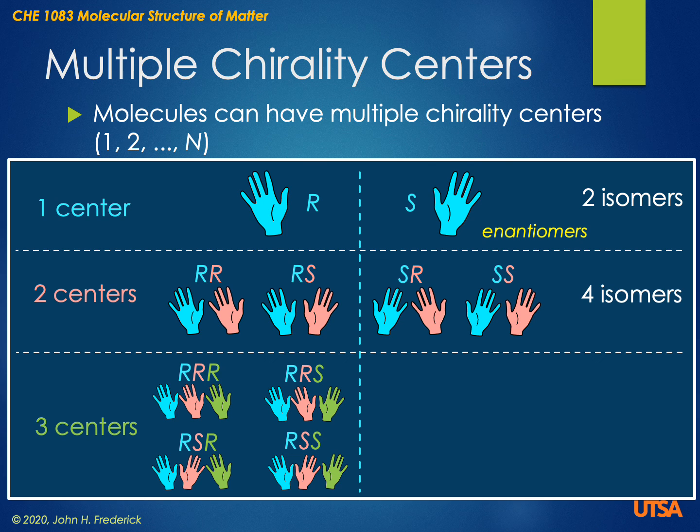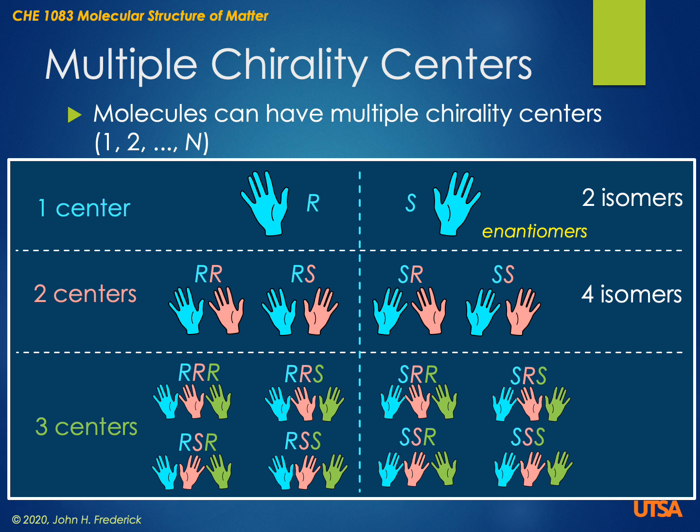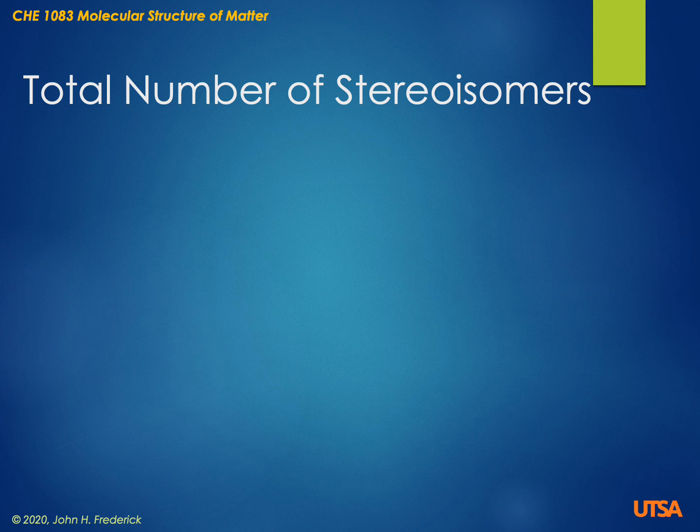Notice that R is the first label in all of these schemes. We can then have all of the schemes which have S as the first label in the scheme. So there's a total of 8 isomers in this case. All right, we could keep going, but I think you're beginning to get the idea that the number of isomers increases as we increase the number of chirality centers in the molecule.